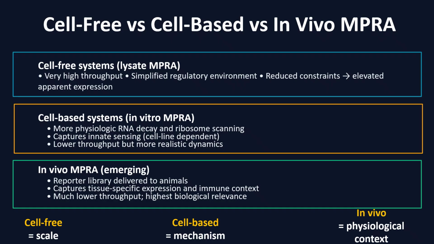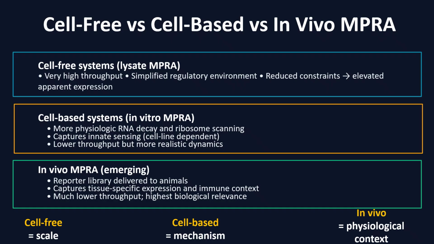They operate in a simplified biochemical environment, and as a result, RNA output may appear elevated compared to living cells. So these systems are excellent for large-scale screening of intrinsic sequence effects, but they don't really capture full cellular regulation.